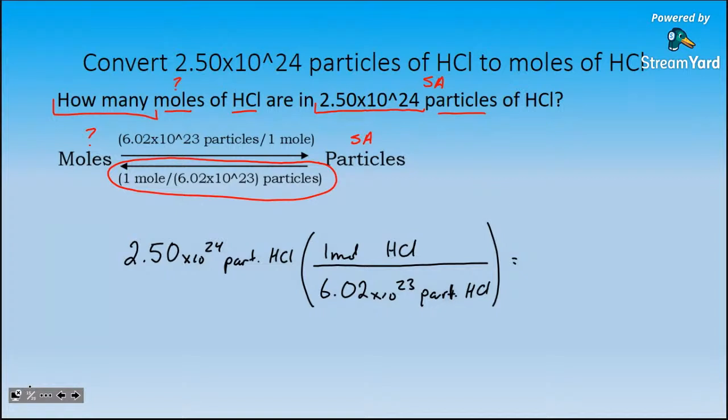Or 2.50 second comma to get the E button, 24, and then divide by 6.02 second comma to get the E button, 23, hit enter. And either way that you do this, you will get the same answer.